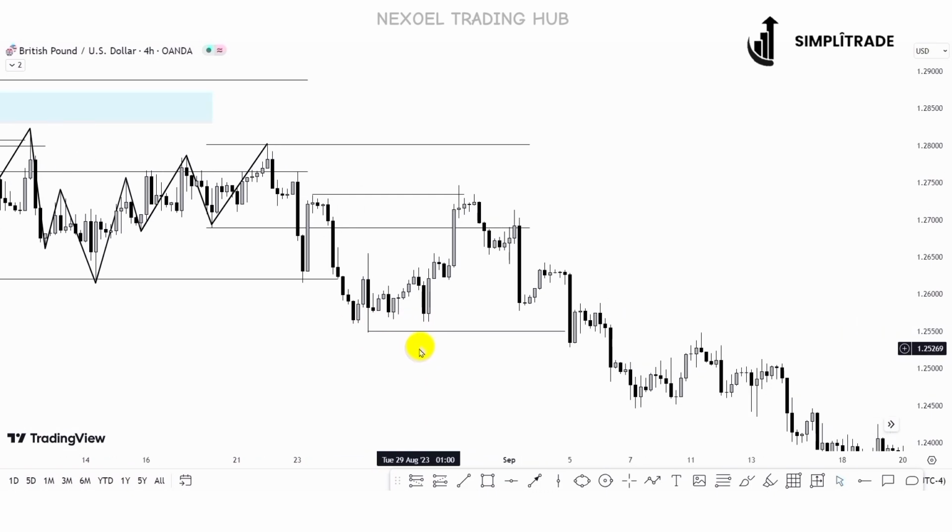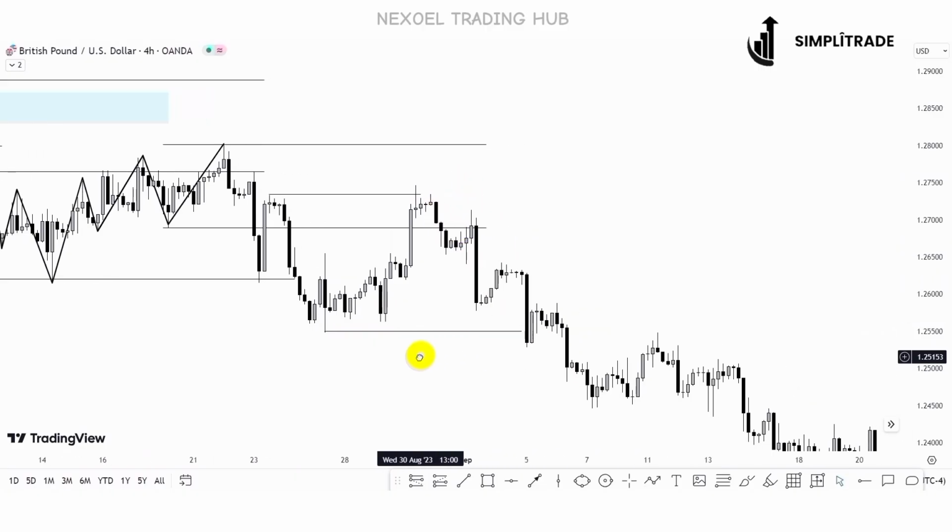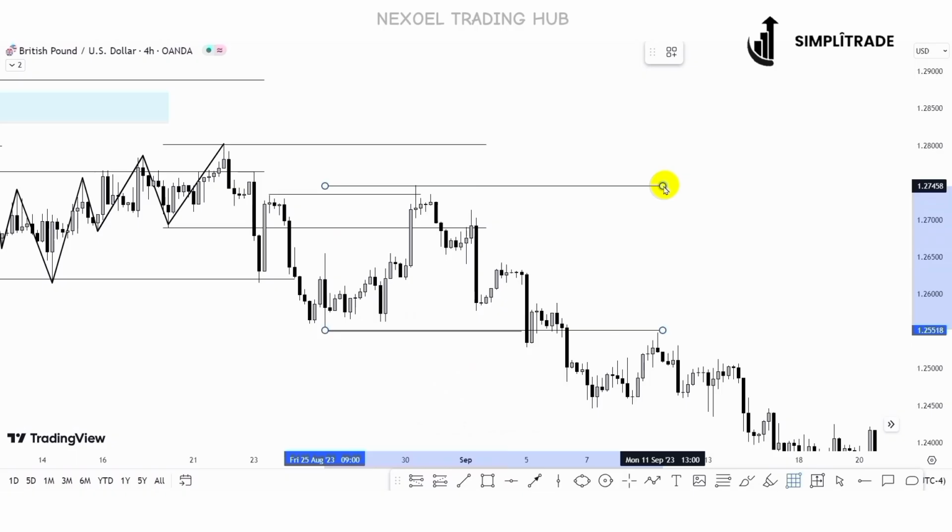So what we can see is that within the corrective leg move, this is actually a buy move that sponsored the bearish move of price to the downside. So what we're going to identify is that now we can see that this is order flow from the swing low to this particular swing high.